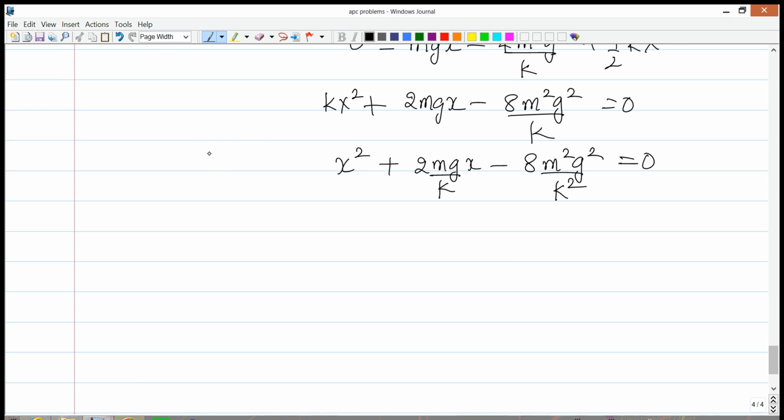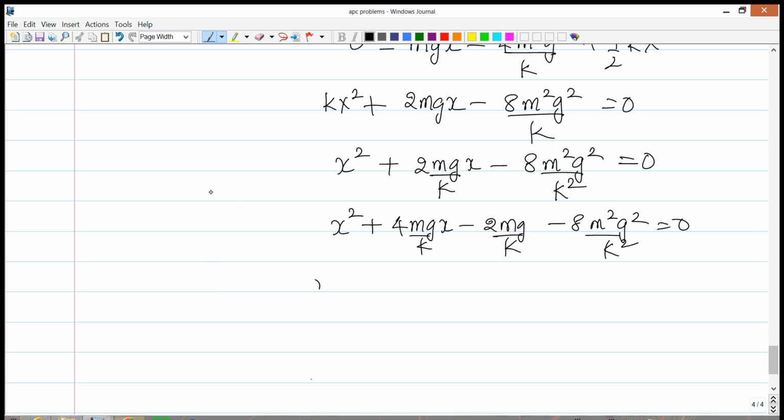At this point we can find the roots by doing a regular quadratic equation, or we can see that this can actually be factored. We can write this as x squared plus 4 mg over k x minus 2 mg over k x minus 8 m squared g squared over k squared equal to 0.